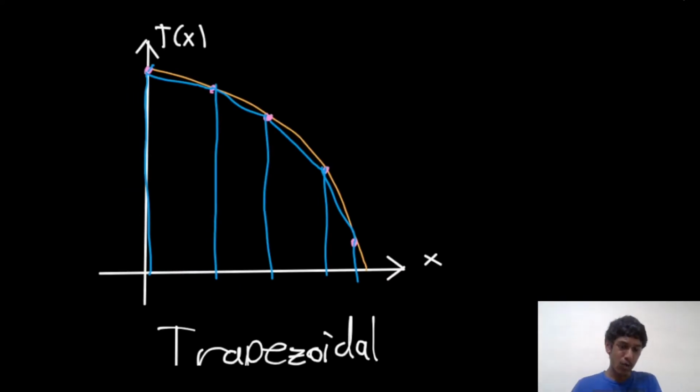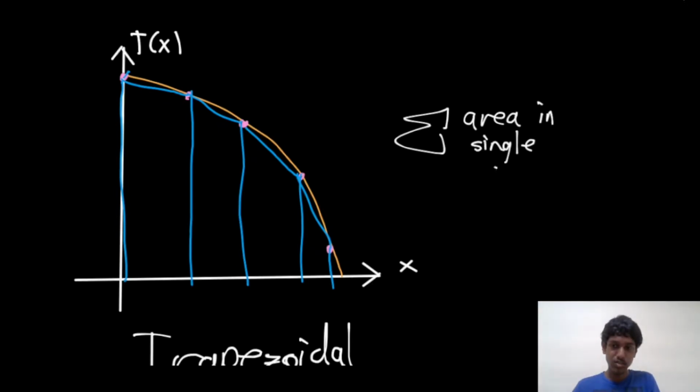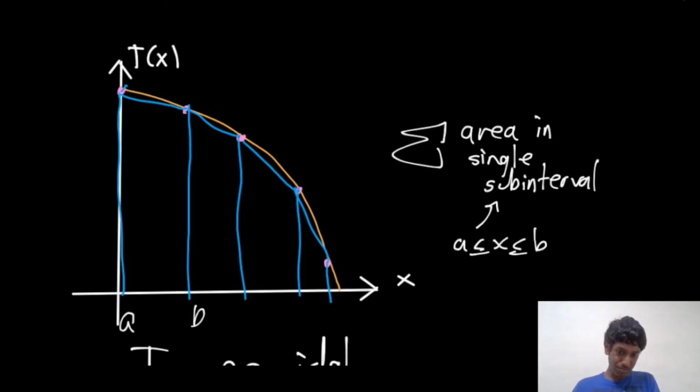So one principle that applies to all Riemann sums, not just a trapezoidal one, is that you sum over, this is the sum sign, the area in a single subinterval. In this case, we're going to look at what happens when x ranges from a to b inclusive, where a and b are just some numbers, which we can change the positions of.